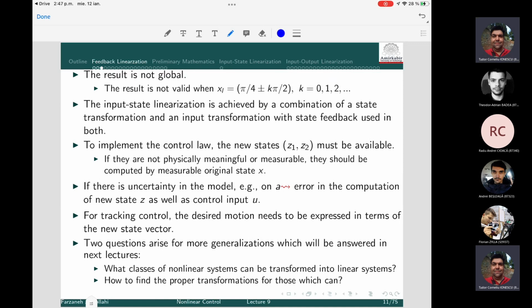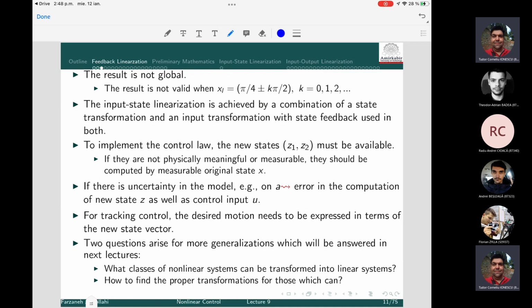So you don't do just a coordinate transformation on the state, like I said, I was right, but also on the input. It's state feedback in both. To implement the control law, they claim that the new states Z1, Z2 must be available.